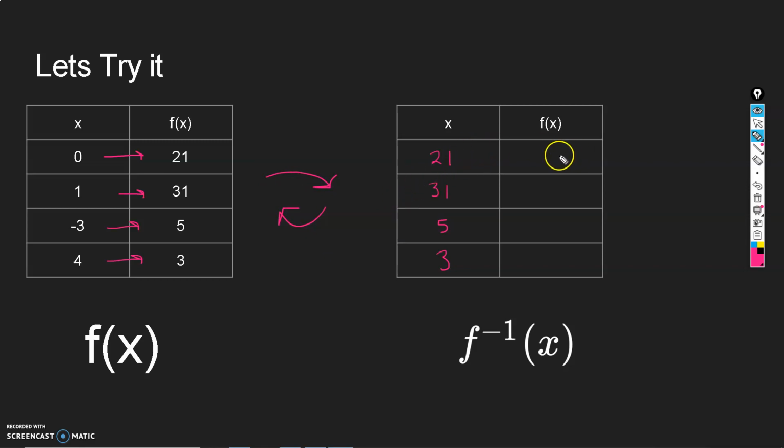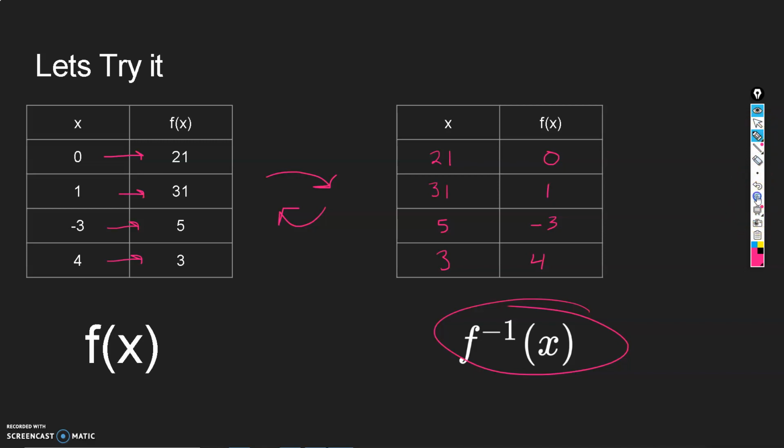So 21 maps to 0, 31 maps to 1, 5 maps to negative 3, and 3 maps to 4. Hey, I just created an inverse function of this function, literally by putting it down, flipping it, reversing it. Boom, inverse, done.